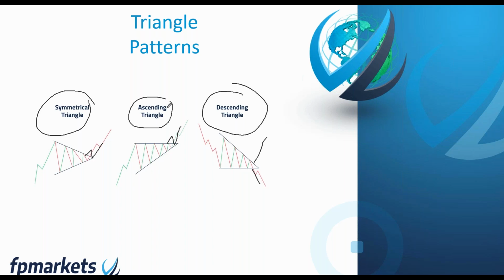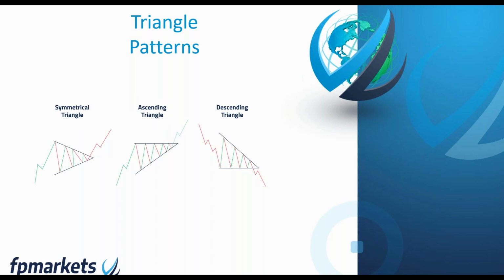Okay, on to ascending and descending triangle patterns. Let me just remove this artwork. So look, as you can see, ascending triangles are wedge-shaped patterns that break out most often to the upside. The triangle can act as a reversal or continuation of the existing price trend.